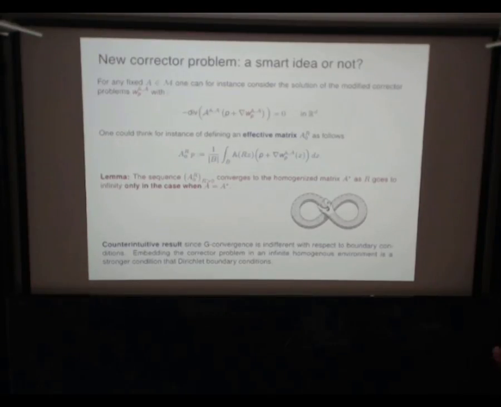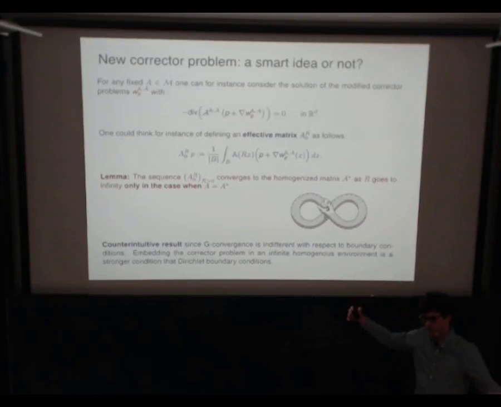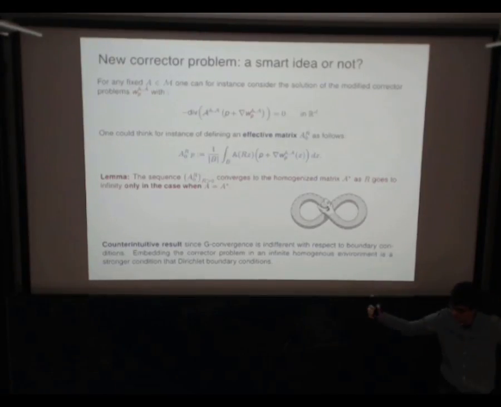But embedding the corrector problem in an infinite domain with an environment which has some characteristics A is much stronger than imposing boundary conditions directly. So you're preconditioning your solution too strongly with this infinite bath of the environment so that it converges to the wrong limit. But most of the volume is A star, is that right?